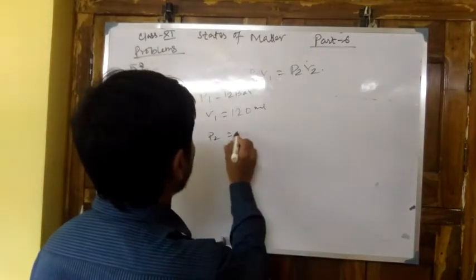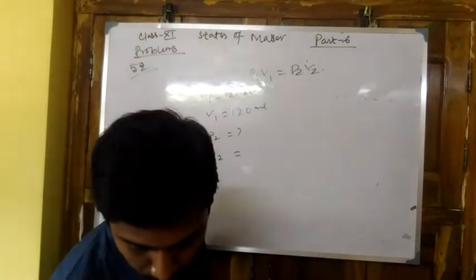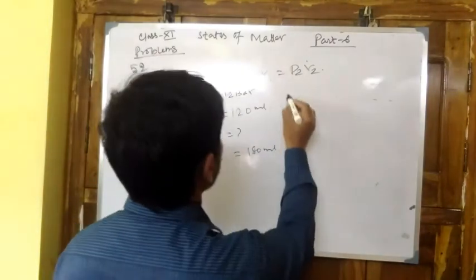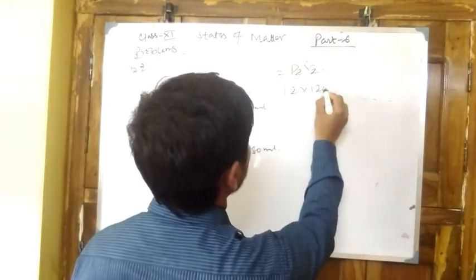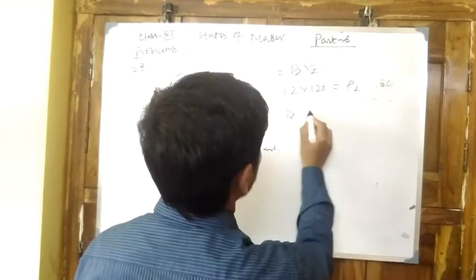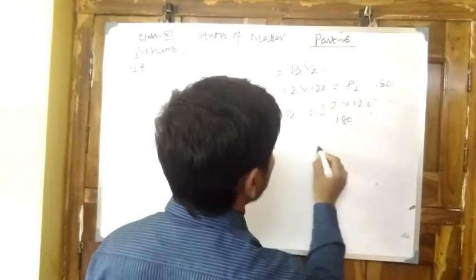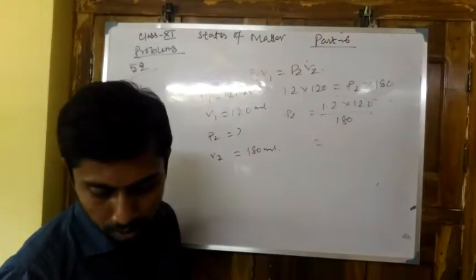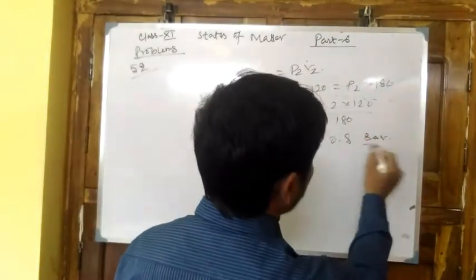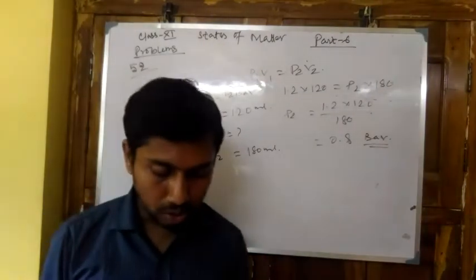P2 we have to calculate, and V2 is also given: V2 equals 180 ml. Now P1 is 1.2 into 120, P2 into 180. So P2 equals 1.2 into 120 divided by 180, and if we calculate it, we get the value 0.8 bar. Always mention the unit in the solution.